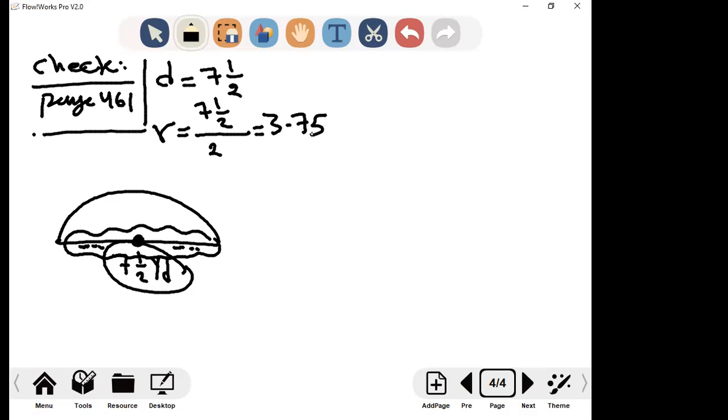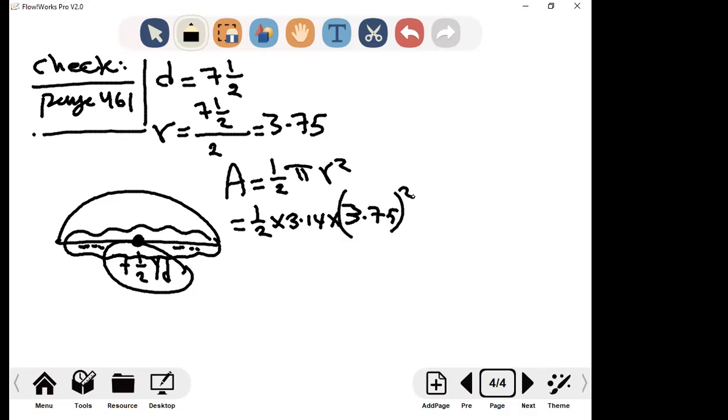Now, this is semicircle or circle? Apply the formula of the semicircle. 1/2 pi r power 2 equals 1/2 times 3.14 times 3.75 power 2, equals 1/2 times 3.14 times 3.75 times 3.75.